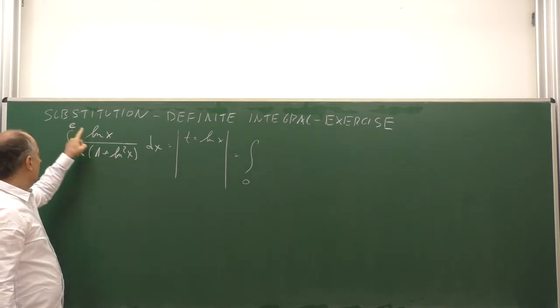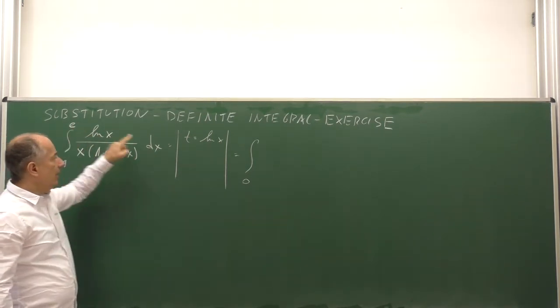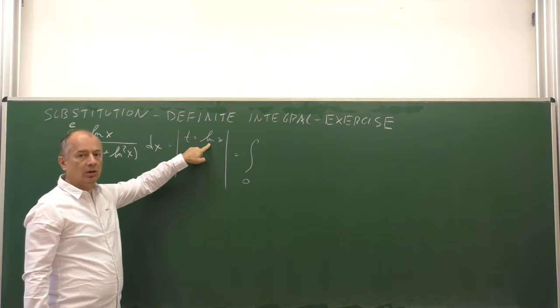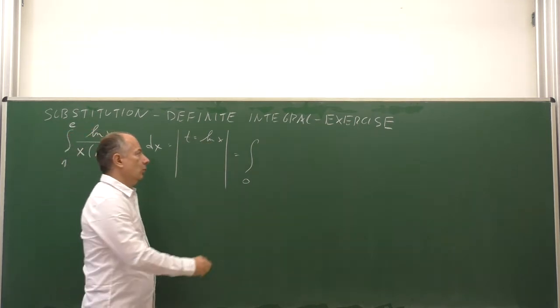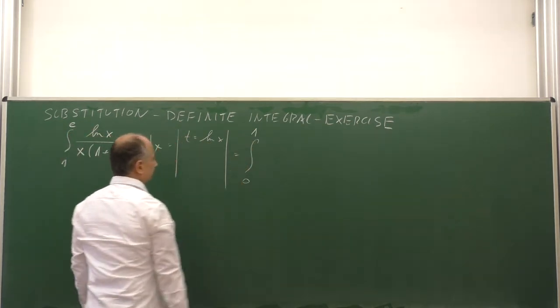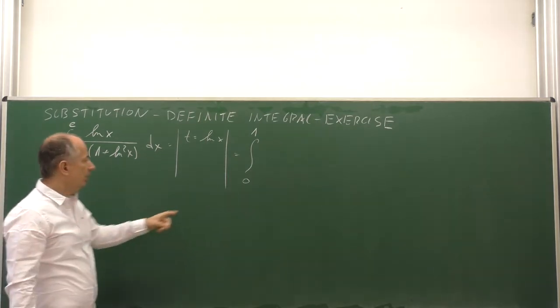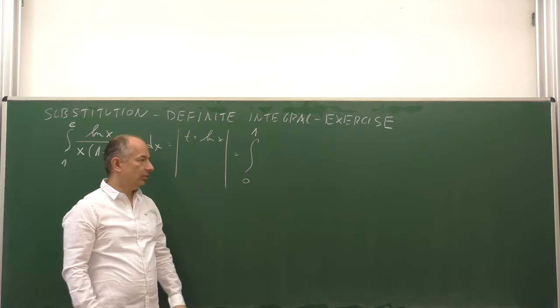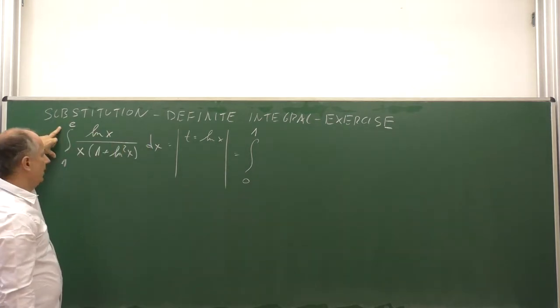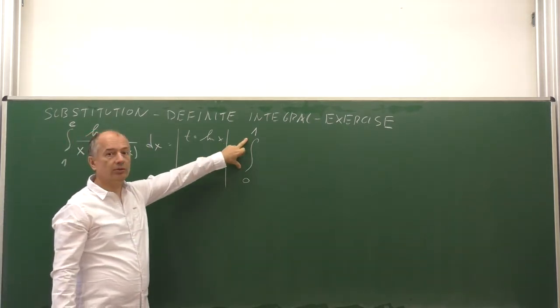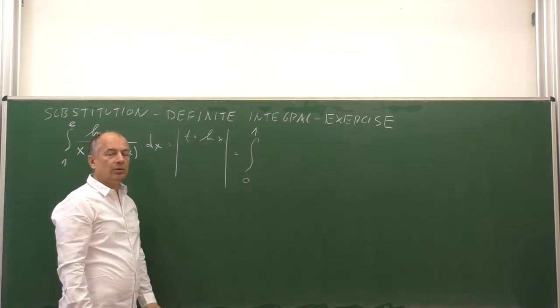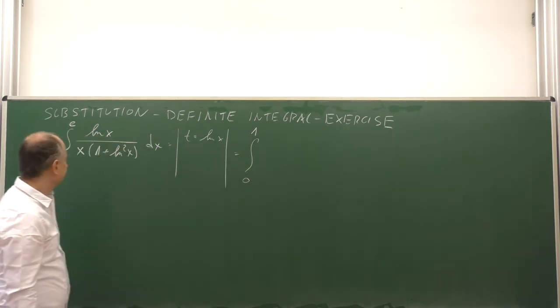And when x goes up to e, then t goes up to logarithm of e, which is 1. It's a big mistake if you just copy the limits 1 and e here. No. These are the values for x, and these are the values for t, which in most cases will differ.